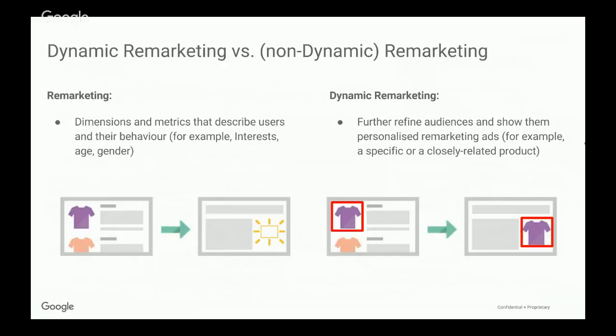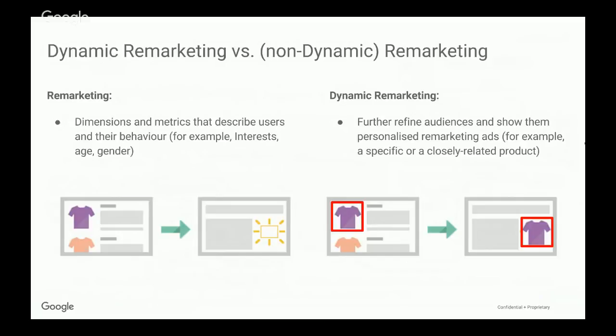So the messages are tailor-made to your audiences, and thus dynamic remarketing helps you build leads and sales by bringing previous visitors back to your site to complete what they've started, ideally.